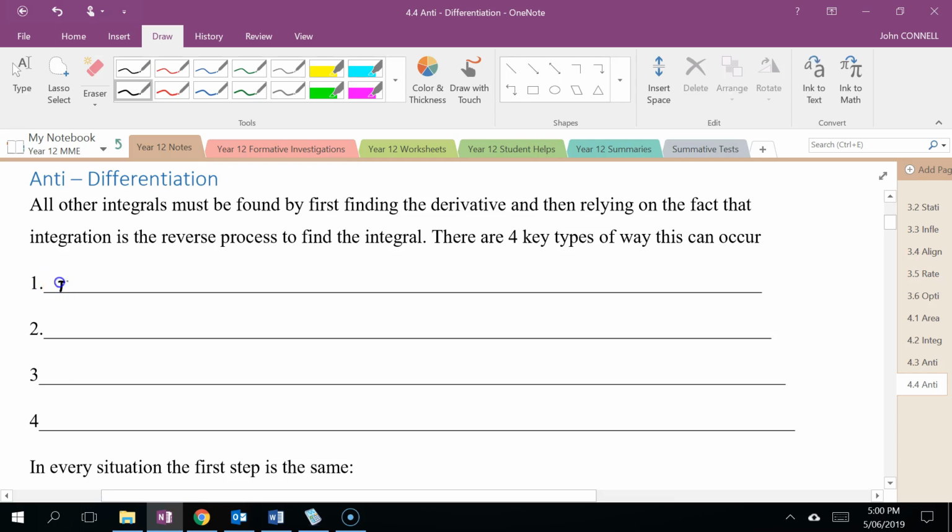Firstly, if we're looking for the derivative itself to be integrated. The second way is if the derivative with an extra constant is being integrated.